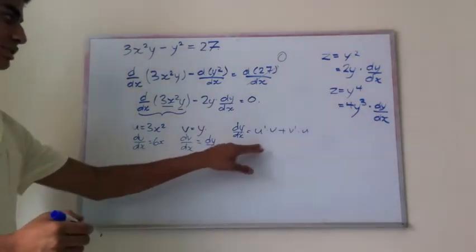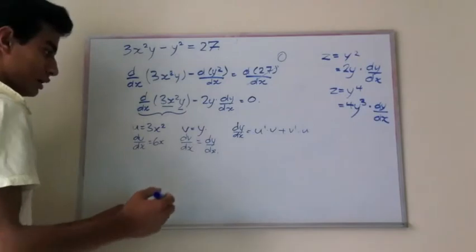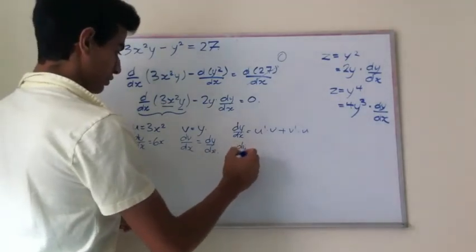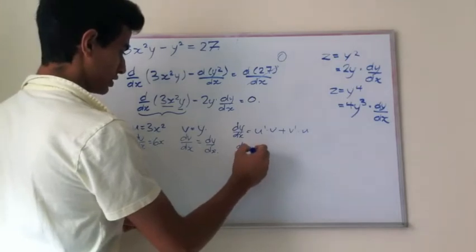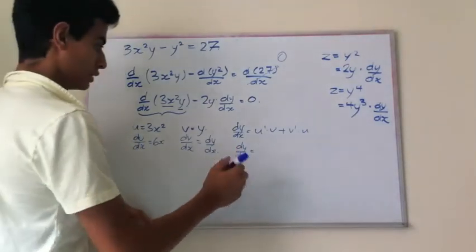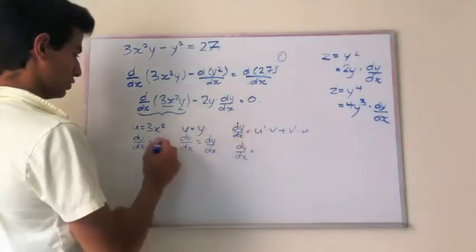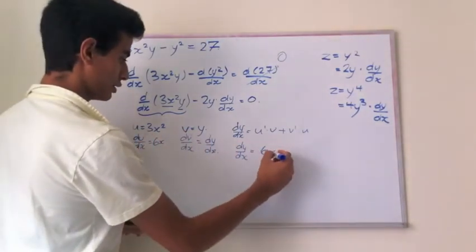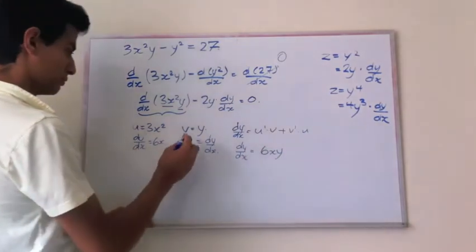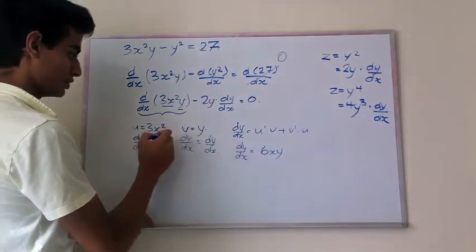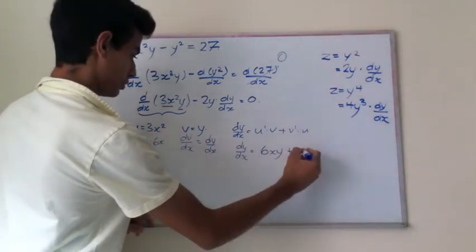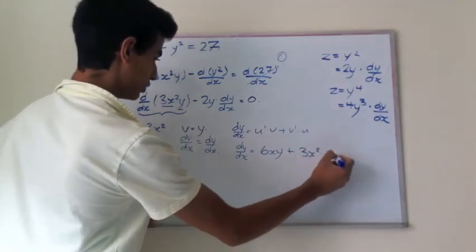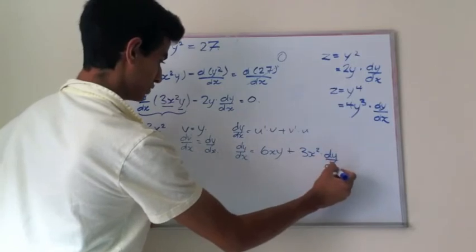So now let's plug it into this equation. dy over dx is going to equal, let's see, u prime times v, so 6xy, plus v prime times u, plus 3x squared times dy over dx.